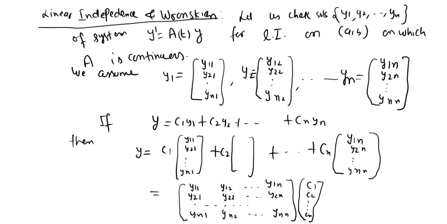So you can write the above in this form. And we are giving a notation here, capital Y and C. And what is C here? C is a column vector of constants.